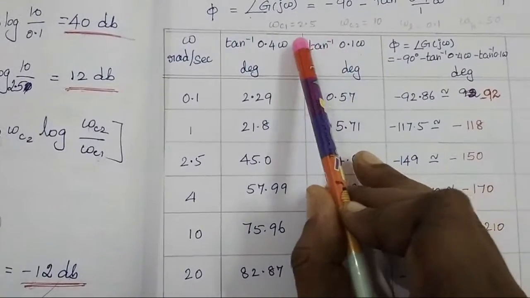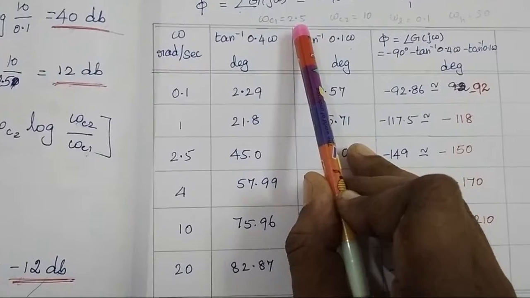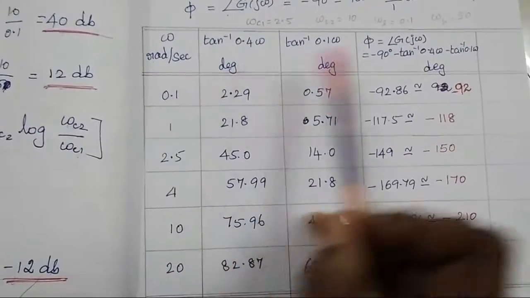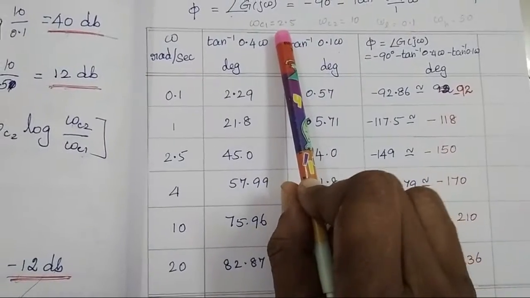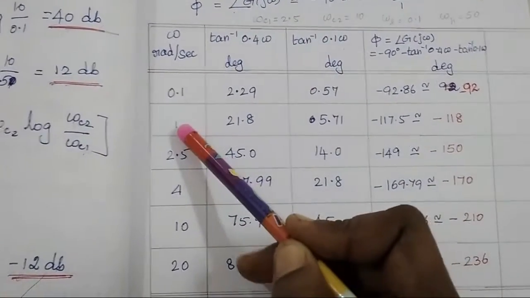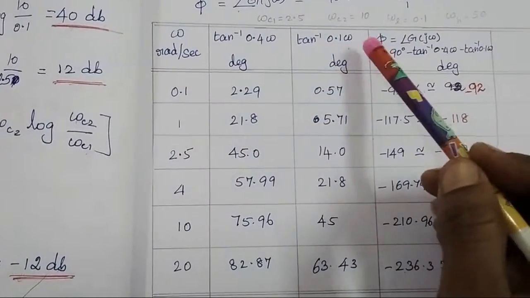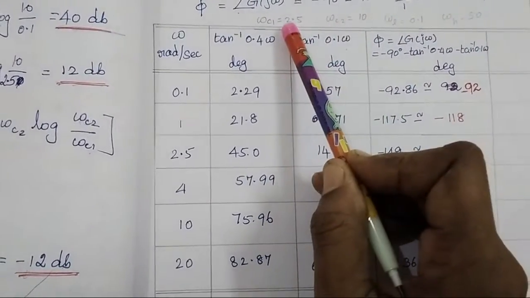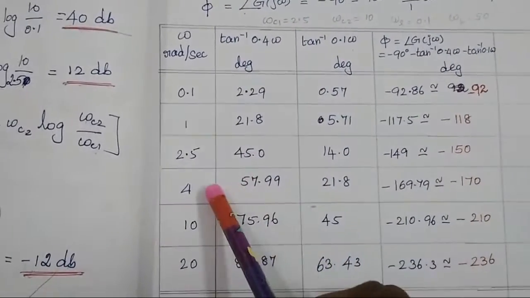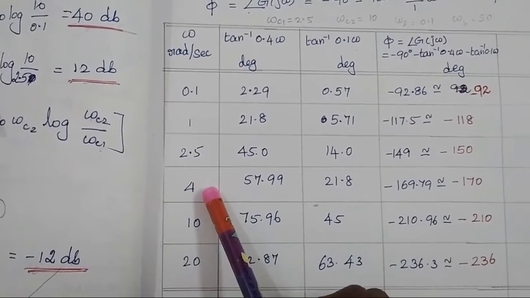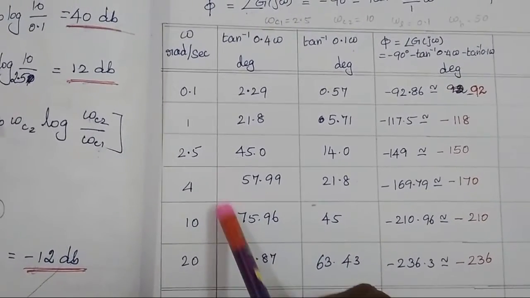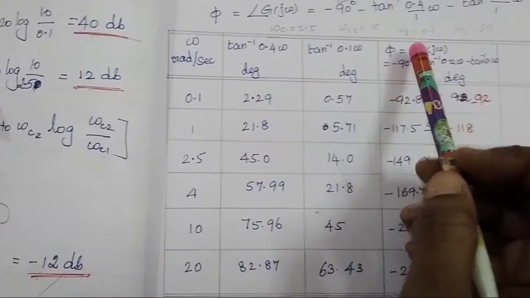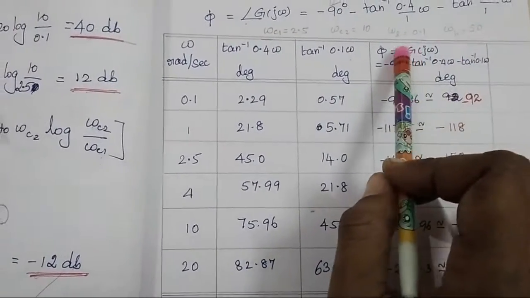So the minimum value is 0.1, so take it as the minimum value. Then next to the minimum value is 2.5, so in between I am choosing 1. The next value is 10, so in between 2.5 and 10 I am choosing 4. It need not be 4, you can choose 5 also, but in between you can choose either one of the values.